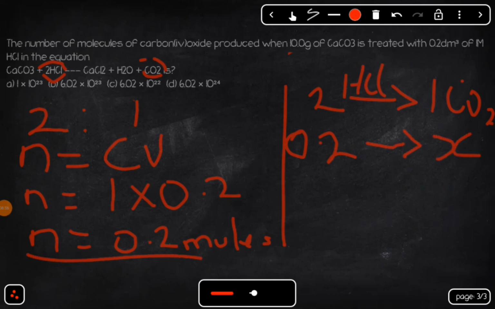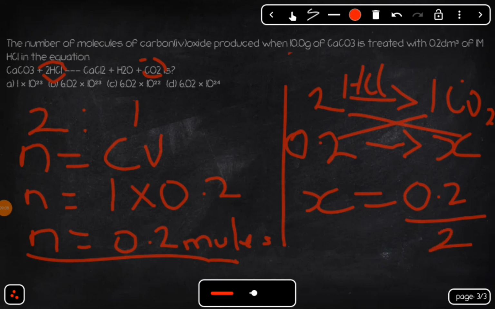Don't forget, this number of moles that we have is actually for HCl. So if I cross multiply, my x will be equal to 0.2 divided by 2. So my number of moles for CO2 will now be equal to 0.1. So you can see I've gotten my number of moles for CO2.